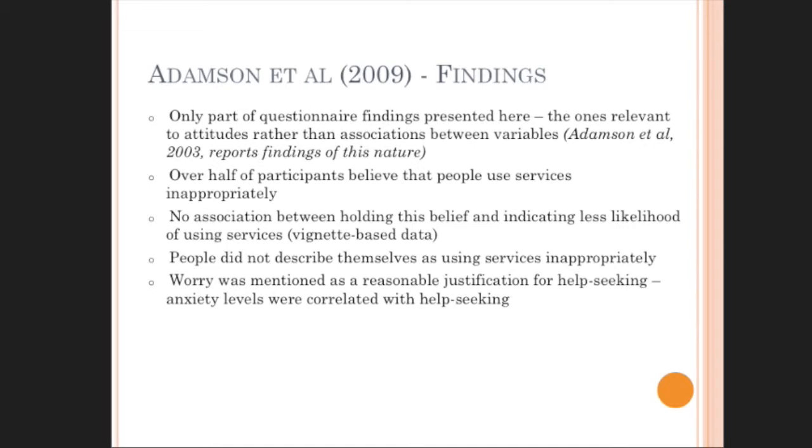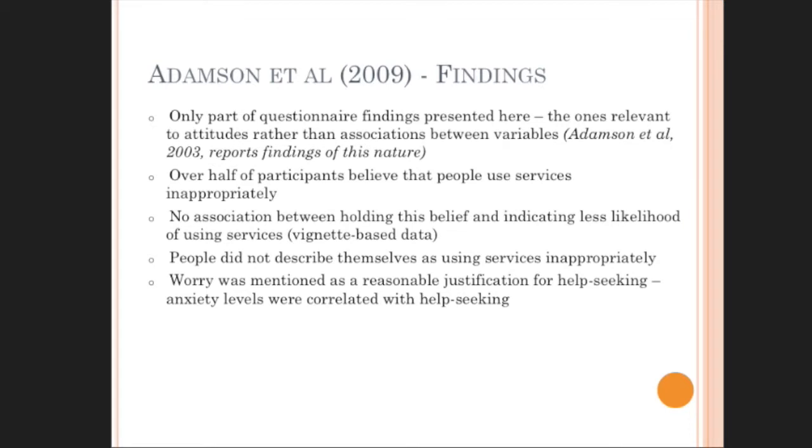And they did their research using vignettes in the questionnaire, so actually they presented people with symptoms, asked them to rate them, and whether they think they should use the service based on what the symptoms said. And they found no association between people thinking that services are used inappropriately and people suggesting that actually in the vignette this person should use services.